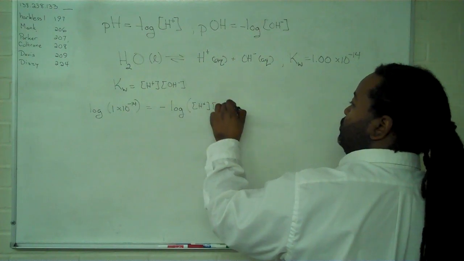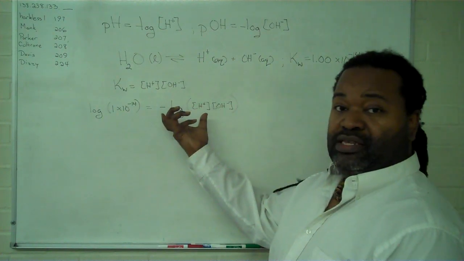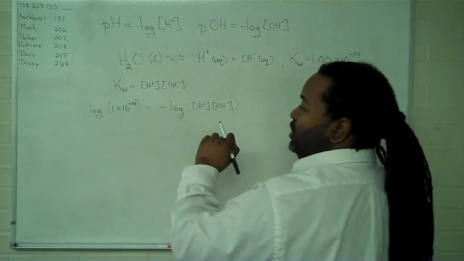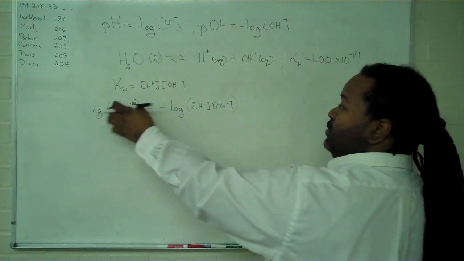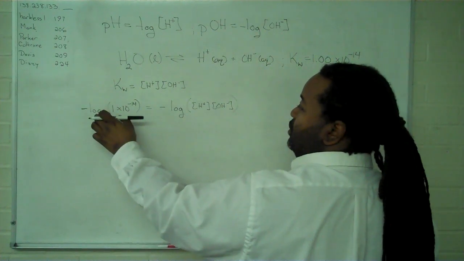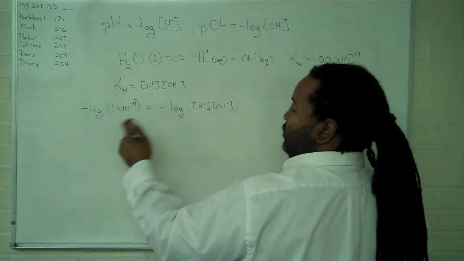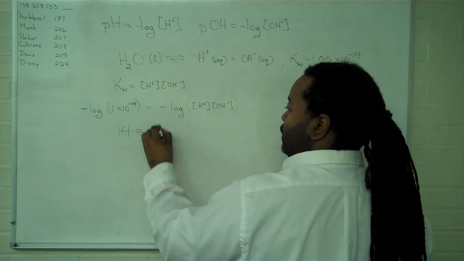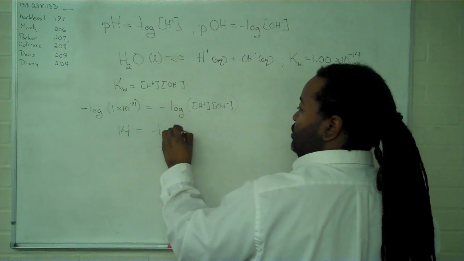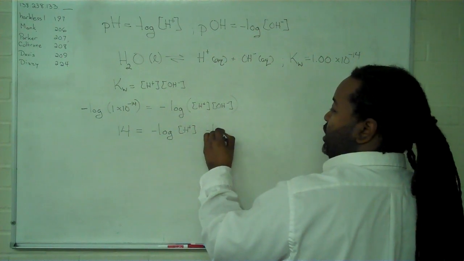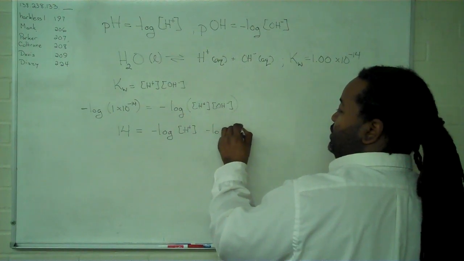Now we know from our product rules that we can separate these two into a sum of logs. And we know from our definition of a logarithm that the value here, because it's negative log, you're going to have negative of negative 14. So that gives us the value of 14. And here we have minus log of hydrogen concentration and minus the log of hydroxide concentration.